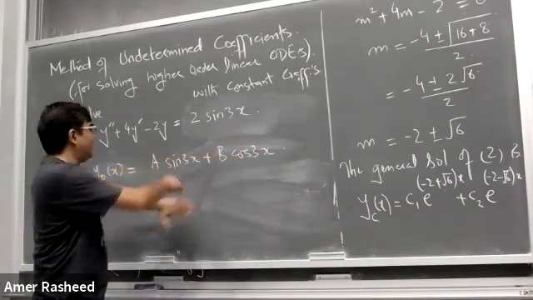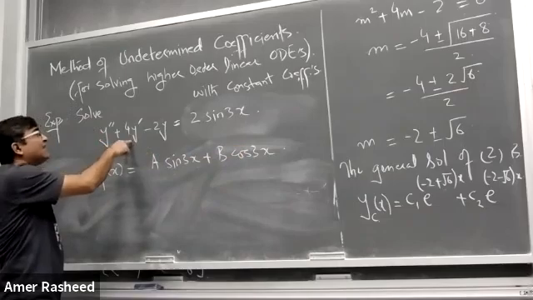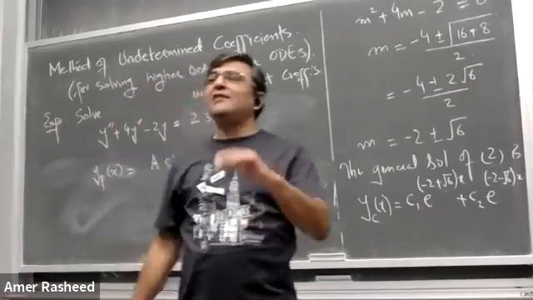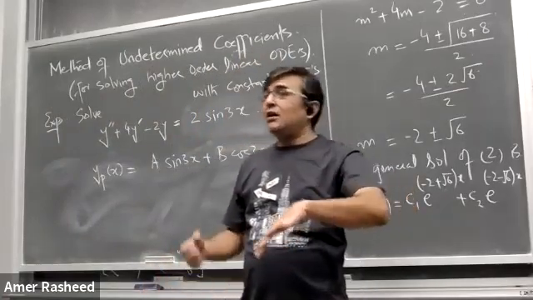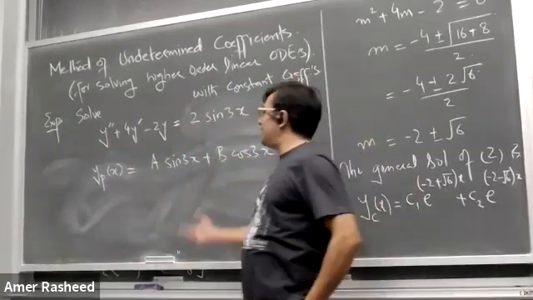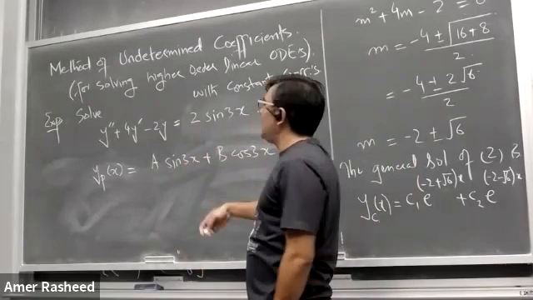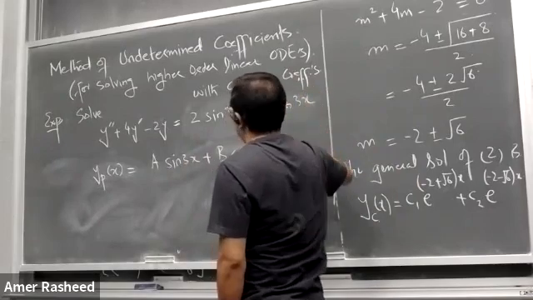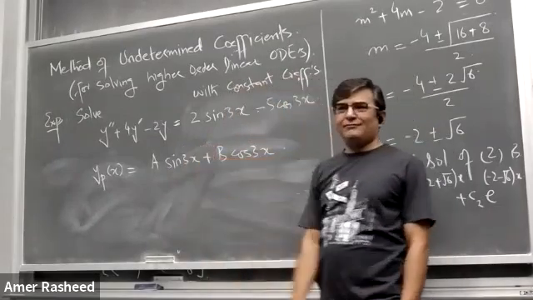Whenever we insert this solution into the differential equation, it has a derivative term, and the derivative of sine 3x becomes cos 3x. So we need another term to compare on both sides. That is why we use sine 3x and cos 3x. Even if we have minus 5 cos 3x here, we still assume the same solution.